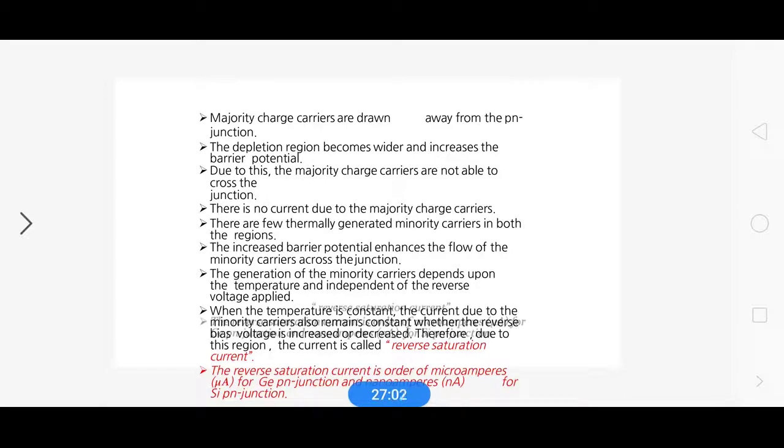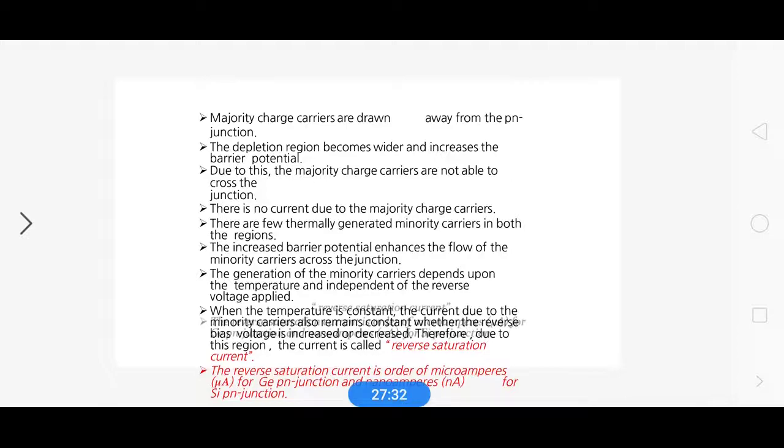So the generation of the minority charge carriers simply depends on the temperature only and it is independent of reverse voltage. So to increase that current in the reverse bias, the number of minority charge carriers must be increased.